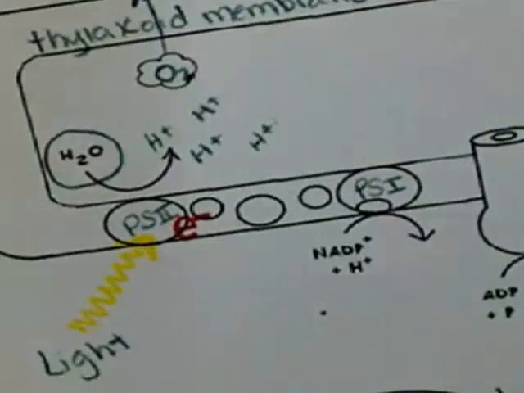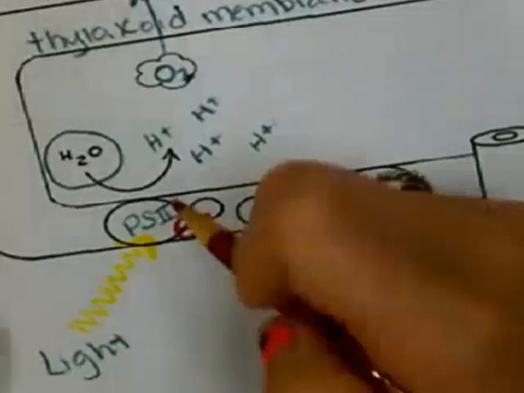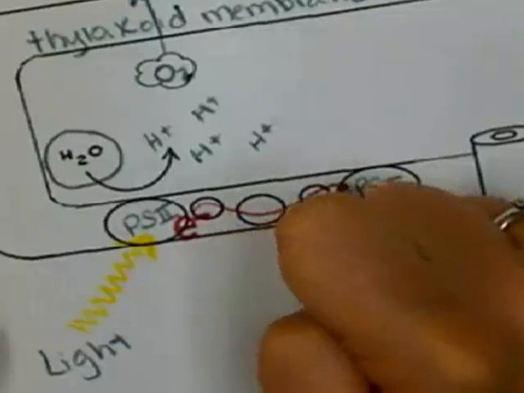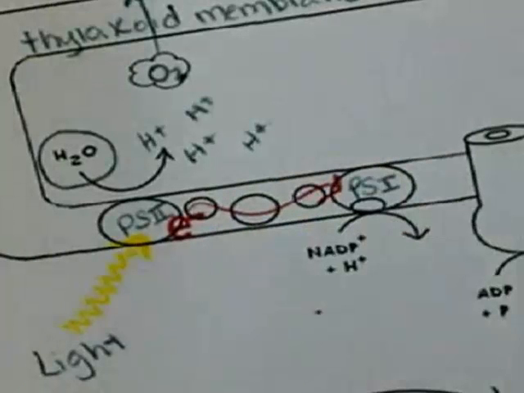And so what's going to happen is we're going to start transporting this electron through a series of events. Now, I'm not going to make you remember the specific names of these different proteins. Just realize that we have to transfer this electron, so we call it an electron transport chain.